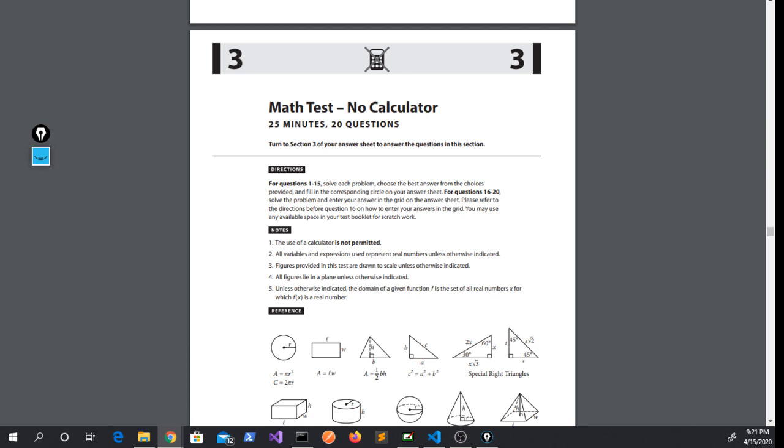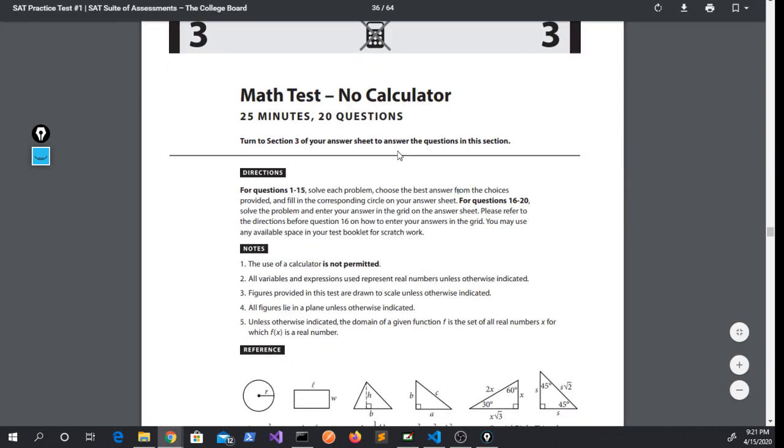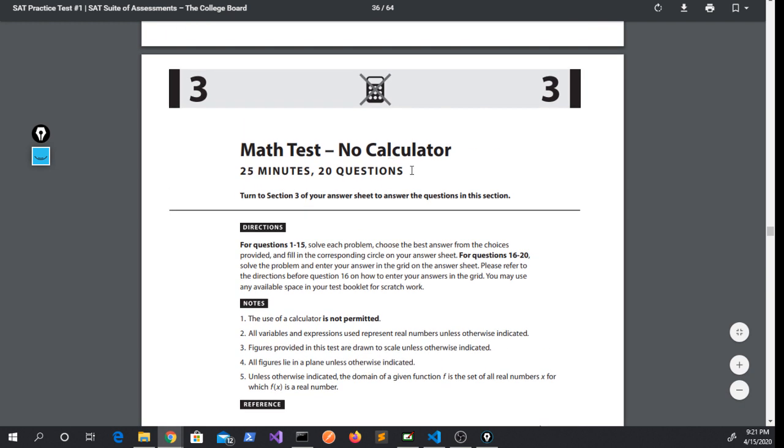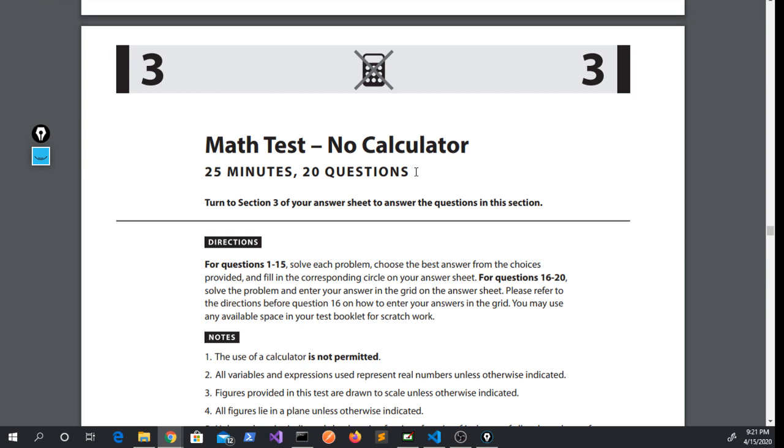Alright, so I'm gonna show you how to hack the SAT, as the title says. I am a part-time tutor at an SAT prep center, and a lot of the time I notice the students know how to do all the problems.